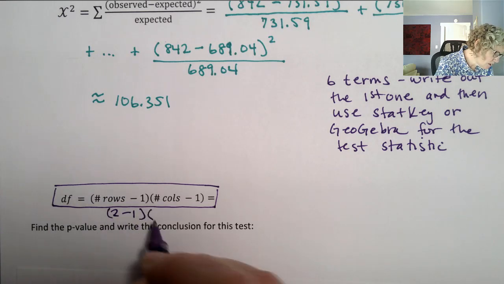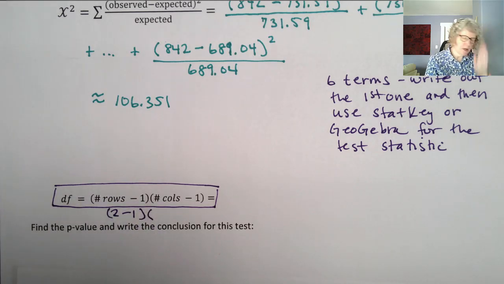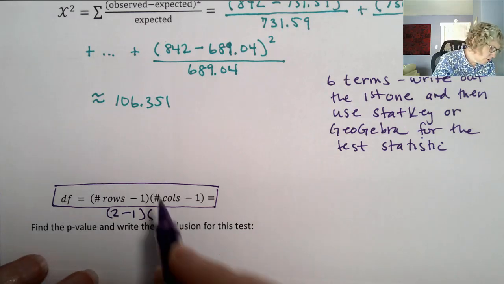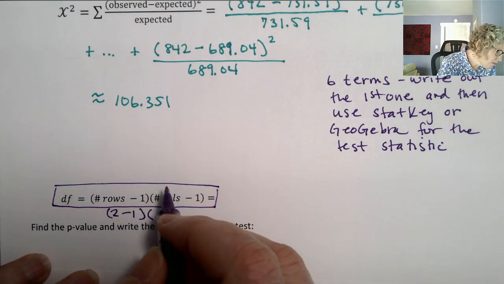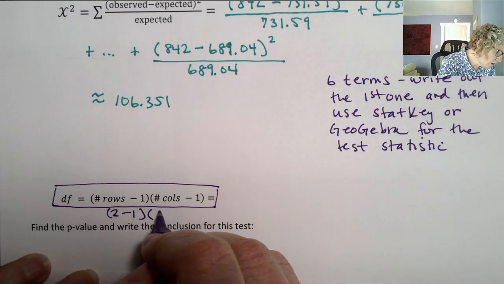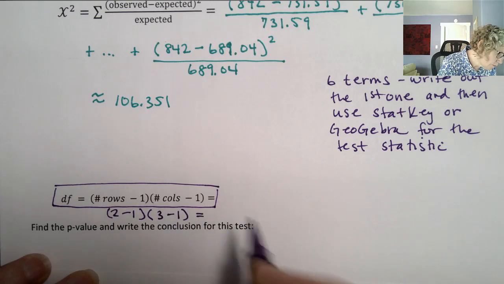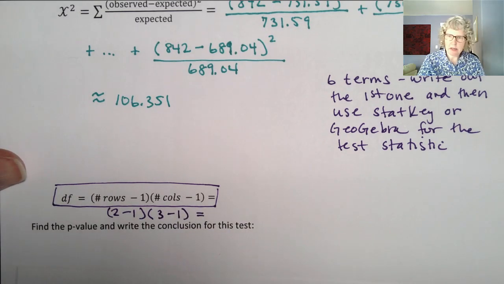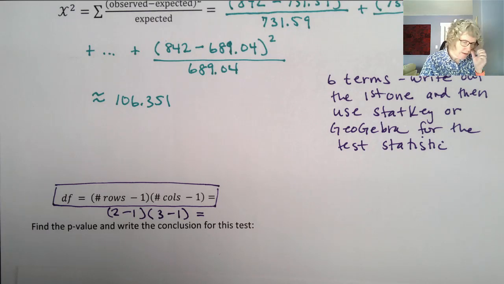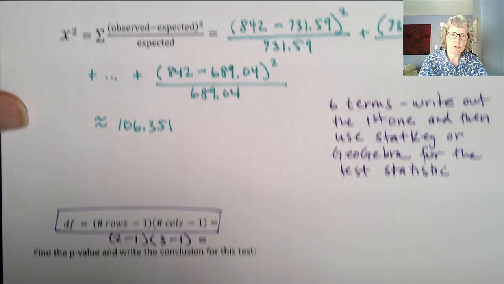Remember, the rows go across. The columns are like columns on a building. They go down. And we have 3 columns. And remember, we're not counting the totals. Again, we're only counting the data. And we always subtract 1, because if we knew everyone except 1, we could fill in the other one, right?